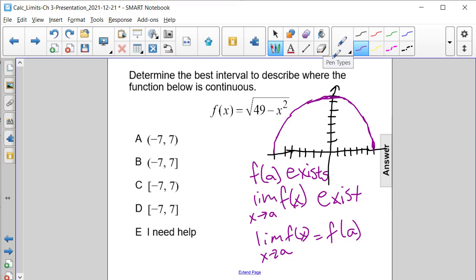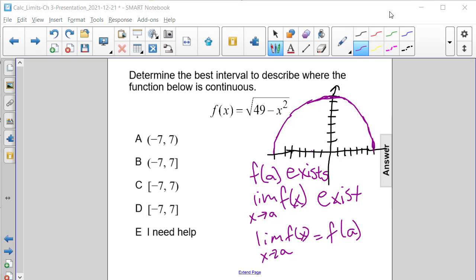Whether I pick an a value of -2, -1, 0, 1, or 2, if I take the limit of x as x approaches, say -2, I approach that exact function value, f of -2. Same would occur at -1, same would occur at 0, 1, and 2, or whatever a value you select from the open interval from -7 to 7. So all of the parameters for continuity are fulfilled for this graph.